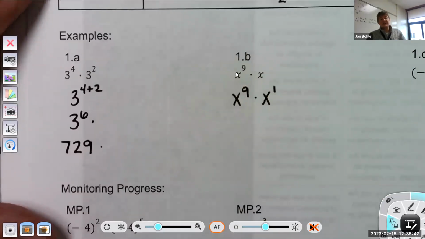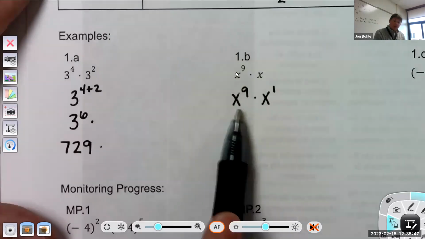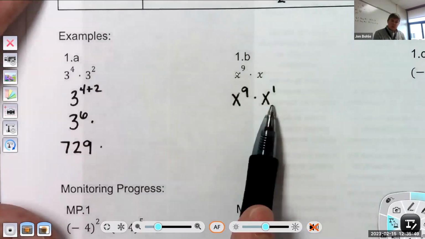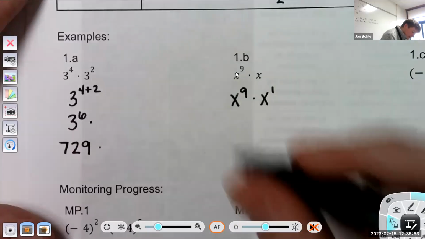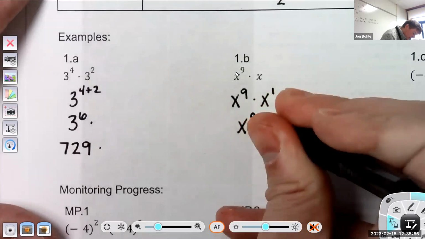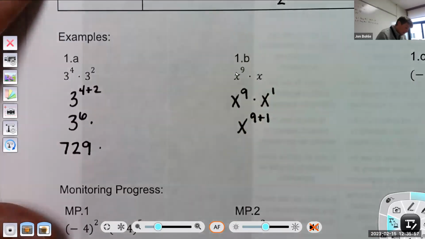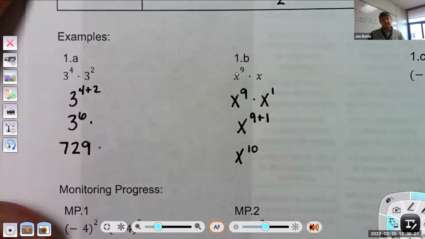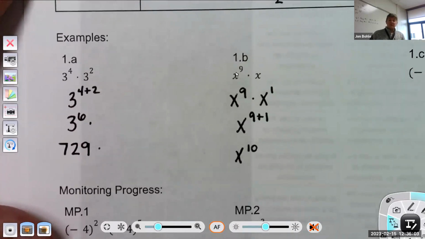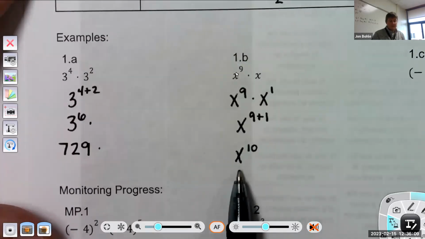So this is actually x to the 9th times x to the 1st. I'm multiplying 2 of the same bases. My multiplication rule tells me to add my exponents. So this is going to be x to the 9 plus 1 power. 9 plus 1 is 10. So this is x to the 10th power. I don't know the value of x, so I can't simplify this down more like I did here. So this is the only thing I need to see as an answer.